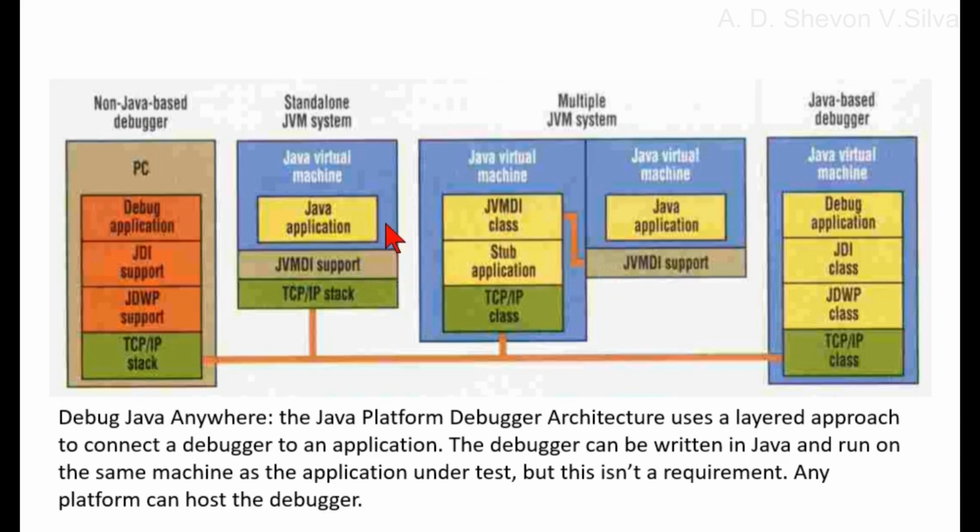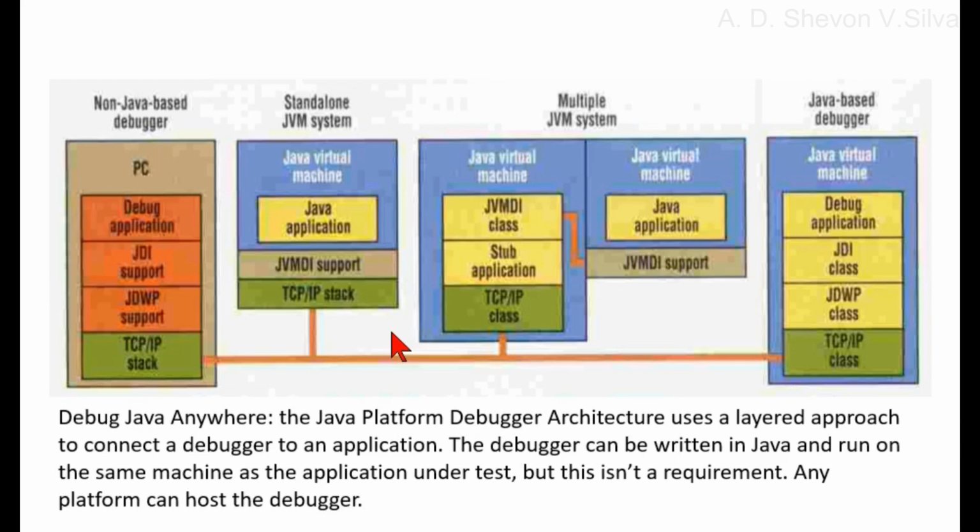Hiding the application behind this interface lets the JVM be implemented in many ways, from a Java bytecode interpreter to a just-in-time, JIT, native code compiler. JPDA APIs can be implemented in Java, though it's not a requirement.